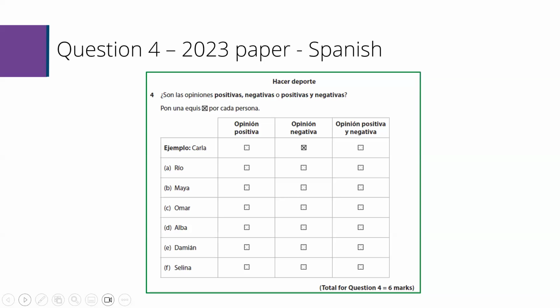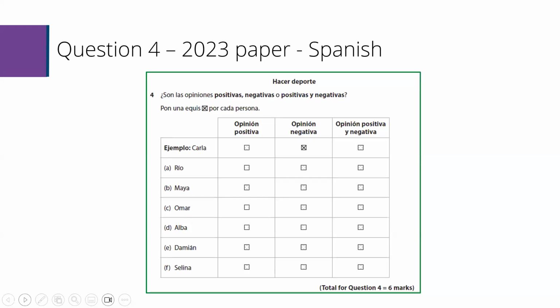We have the names of the 6 people that you're going to hear speak down that left-hand column, and there's also an example. What the students need to decide is whether each of those people has a positive opinion, a negative opinion, or a mixed, both positive and negative opinion.